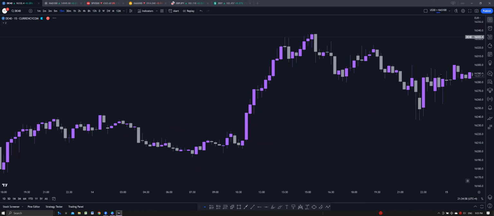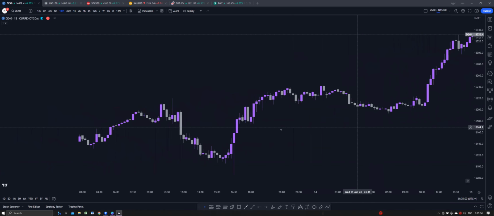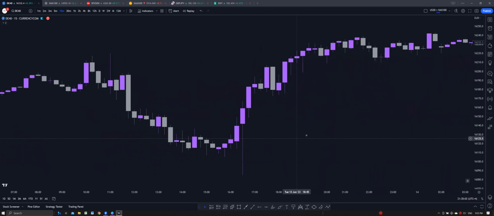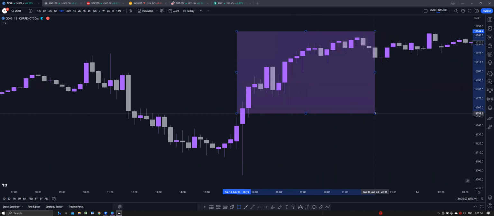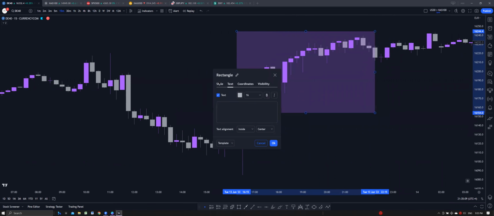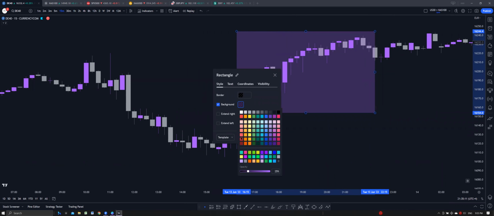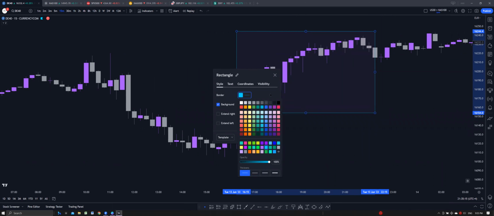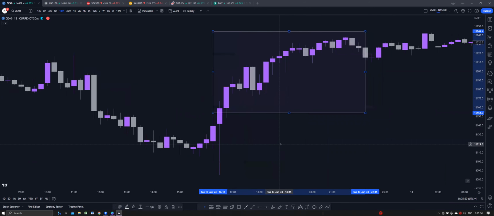Maybe DAX. Let's look at DAX. Okay, so let's look at this area here, let me highlight that area. So this is a bullish trend.